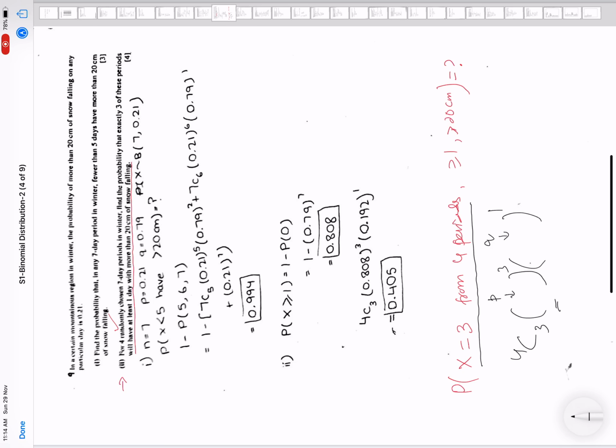For P, we have to use this information, and this is model 1. It's mentioned in the first line that the probability of more than 20 centimeters snow falling on any particular day is 0.21. Now, for this model, P is 0.21.